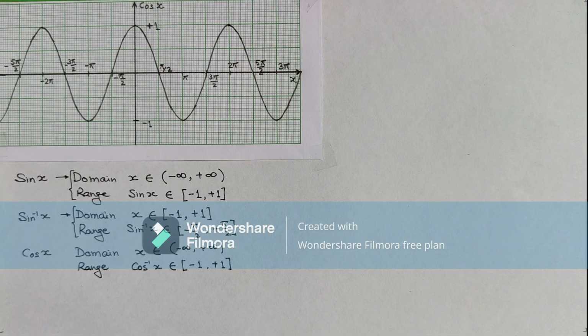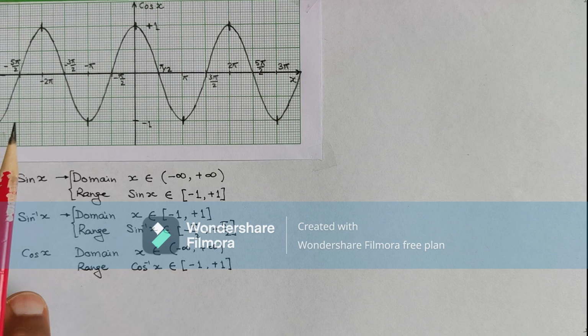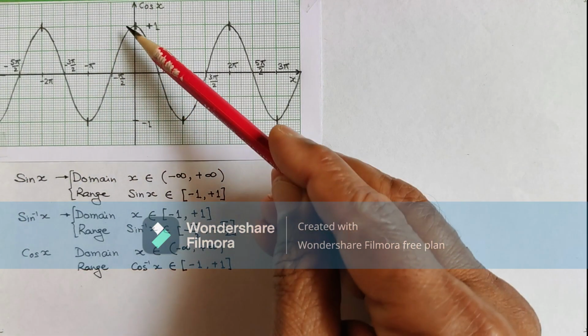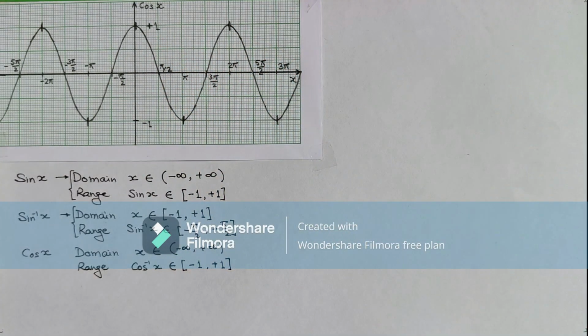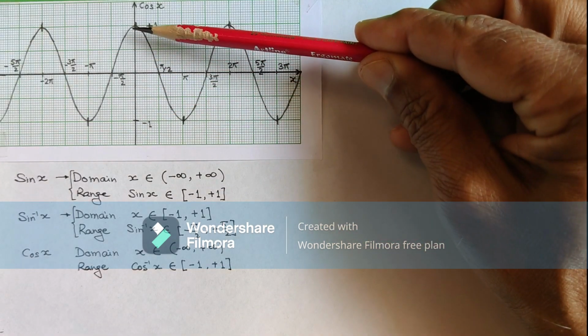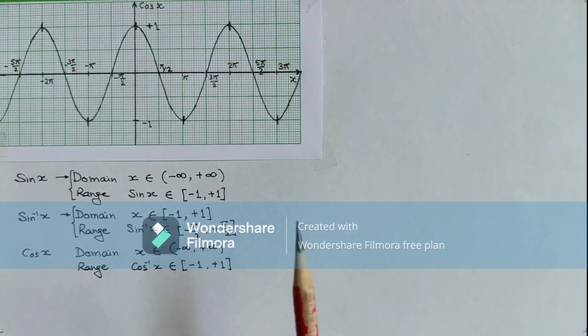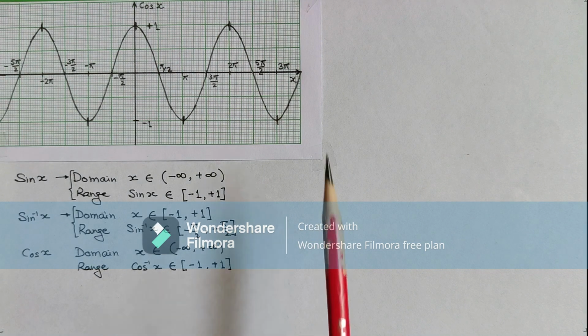If I wish to use the same graph for finding the value of cos inverse x, again like before, I will have multiple values. If I wish to divide this graph into sections, these are the possible sections, such that using any one of these sections, given a value of cos x anywhere in the range from minus 1 to plus 1, I can find a corresponding value of x.